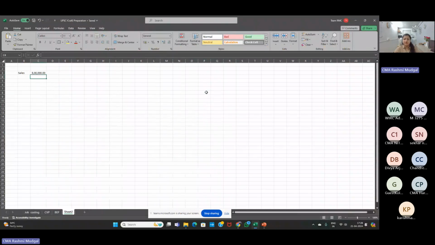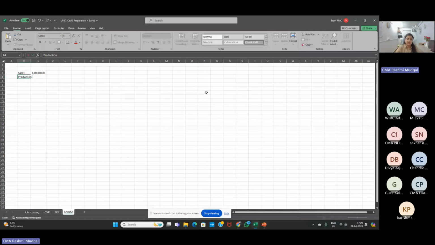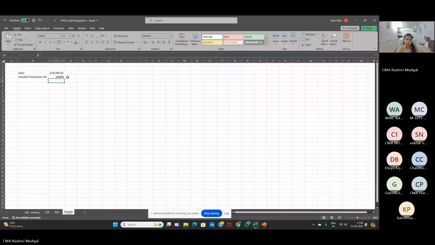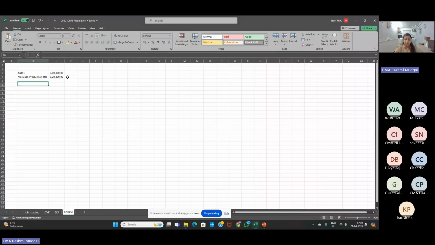Coming to the production overheads, the variable production overheads are 3,20,000. Now coming to the selling and distribution overheads, the variable selling and distribution expense is 1,60,000.